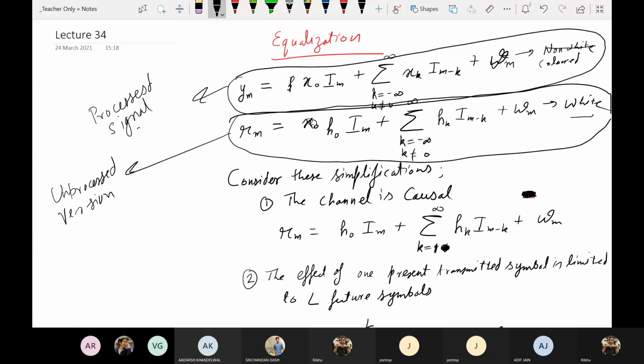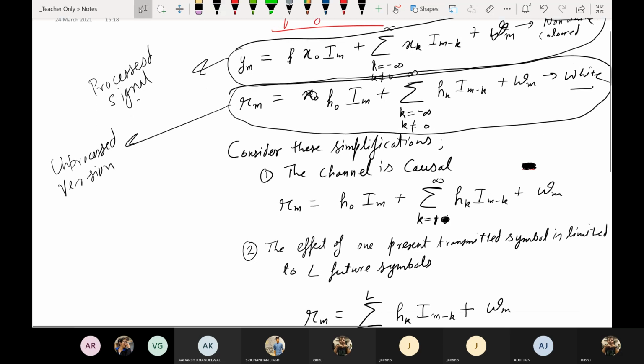Furthermore, now on the unprocessed version, right here, consider these simplifications.